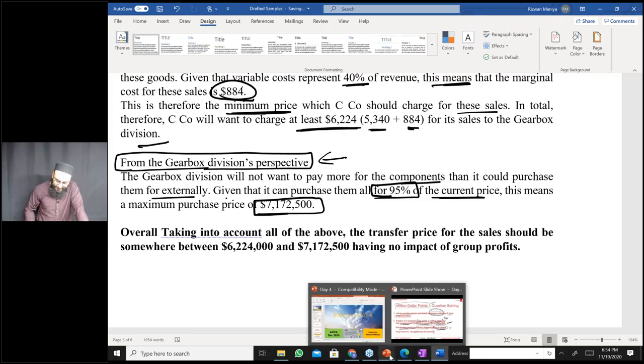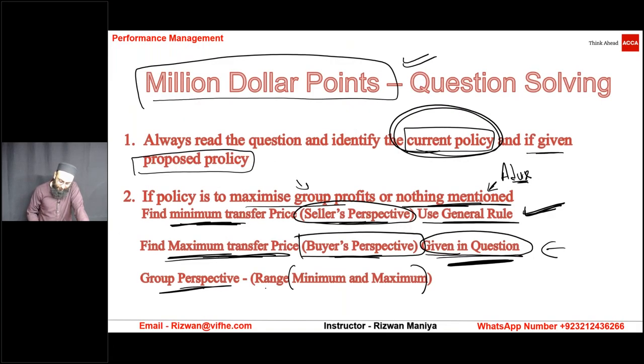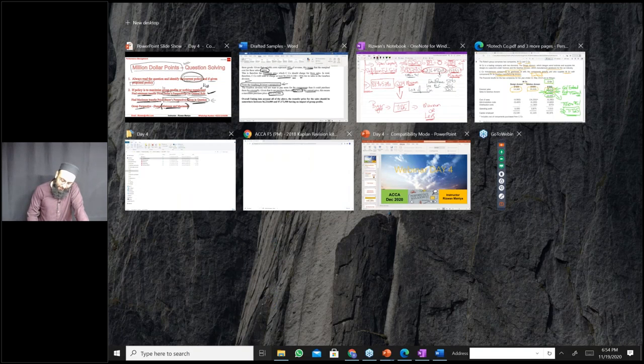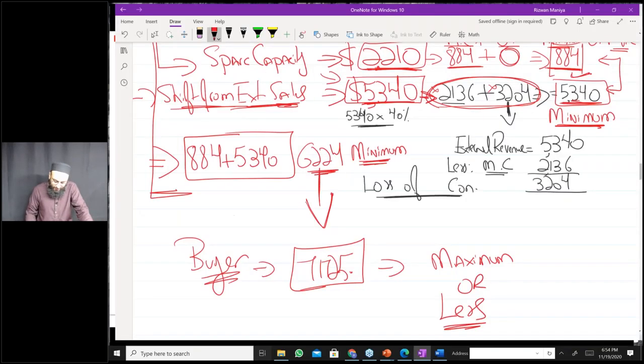Now, $1,000,000 points. What's the last one? Group perspective. Range, by getting minimum and maximum values. So what is the range? Come on, can you tell me, guys, what your advice will be?